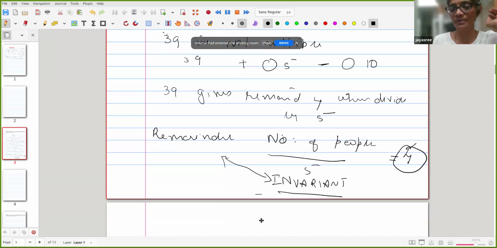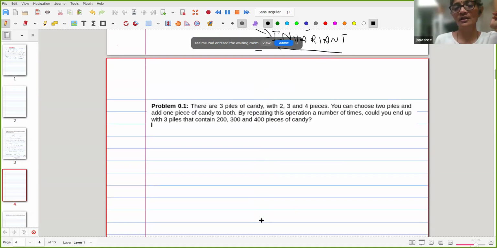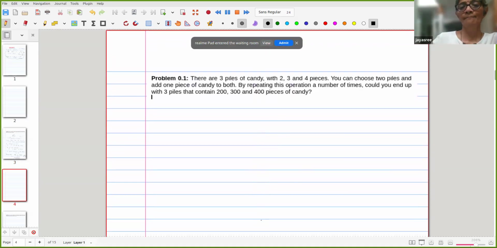Okay, I gave you a simple problem. Now let's look at this. Can you read the question? There are 3 piles of candy. The first one has 2 candies, the second one has 3 candies, and the third one has 4 candies.